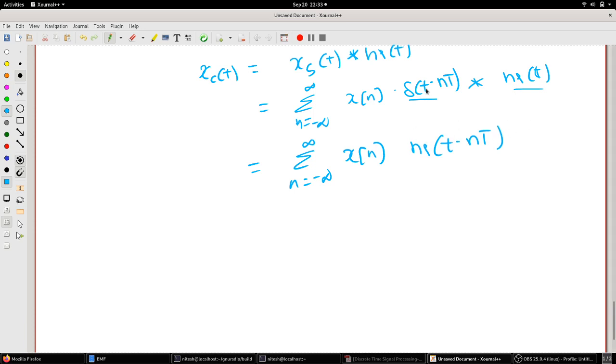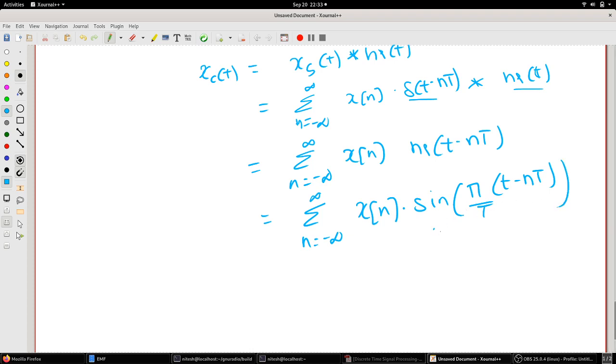This is what I will get: δ(t minus nT) convolved with h_r(t) gives h_r(t minus nT), which in turn is the summation, n equal to minus infinity to infinity, of x[n] into sin(π(t minus nT)/T) upon π(t minus nT)/T.